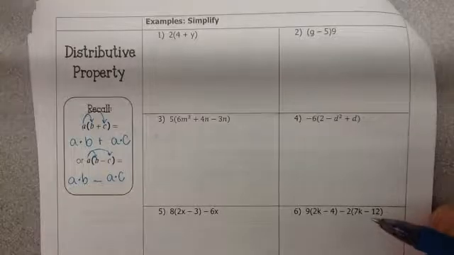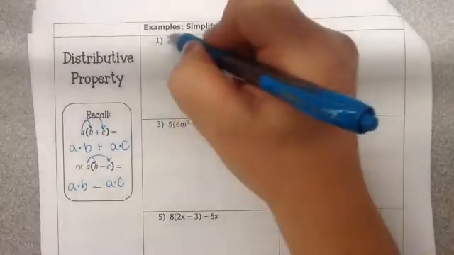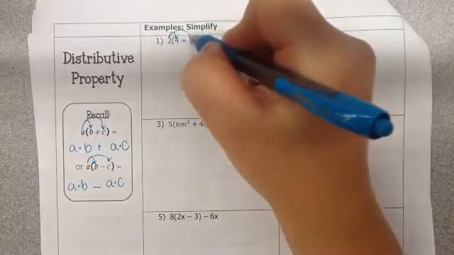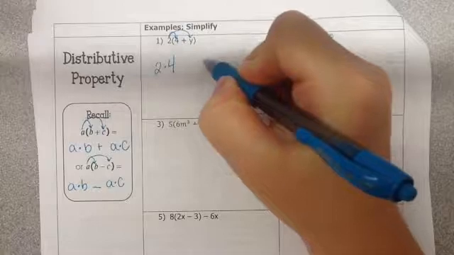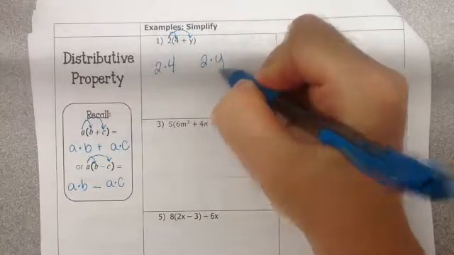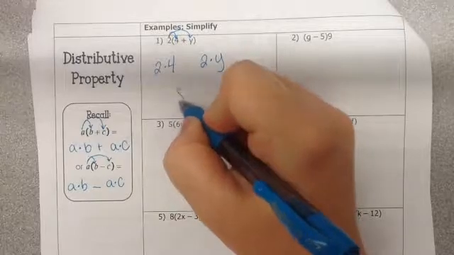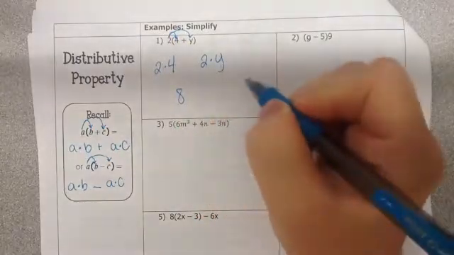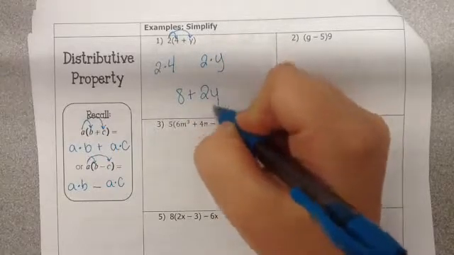So for number 1, what are we going to distribute? The 2. So 2 times 4 and 2 times y. 2 times 4 is 8. 2 times y, positive 2y.